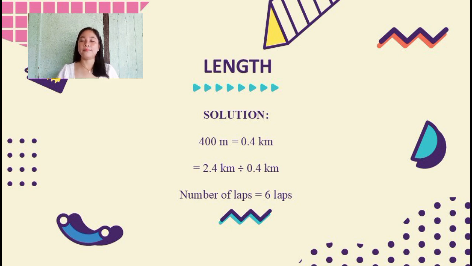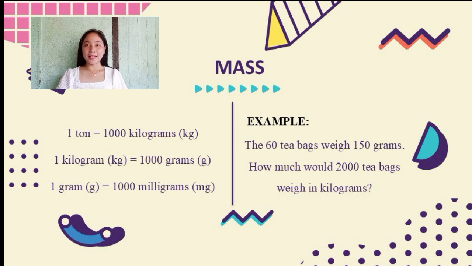Very good. Metric units of mass. Metric units used for mass are tons, kilograms, grams, and milligrams. And we all know that mass is used to measure the weight or amount of matter of an object. 1 ton is equal to 1,000 kilograms.